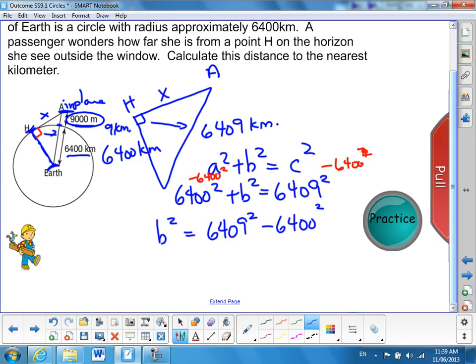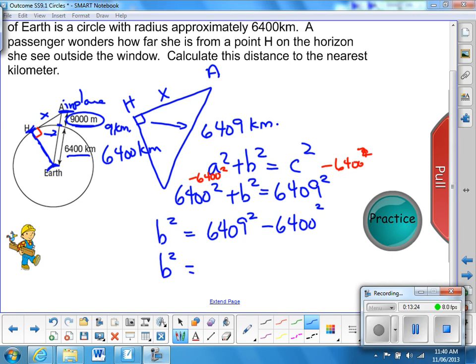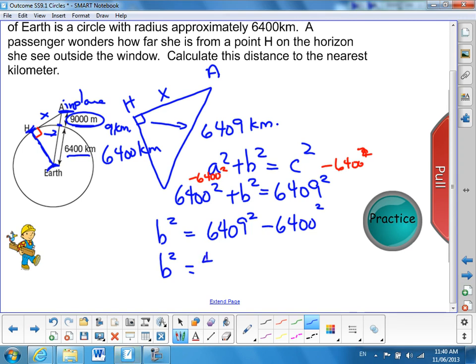Now, I will have to do that on my calculator. The answer is not going to be 9. You actually have to square them and then subtract them. But if they're all on the same side, then you can do that in one step. So let's do that in one step. 6,409 squared is 41,075,281 minus 6,400 squared is 40,960,000.